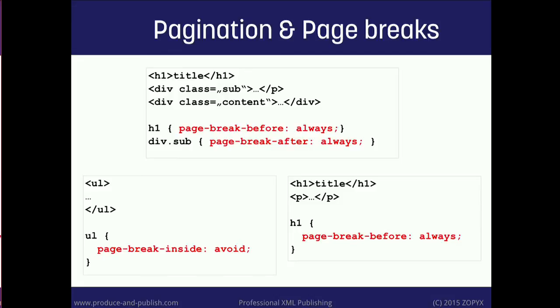Then we have something like page-break-inside: avoid. For example, if you have a long list and you want to avoid a page break within the list, you could instruct the compiler to avoid this page break. But as the term avoid says, it's a hint, and it's not always guaranteed that it cares about your rules.